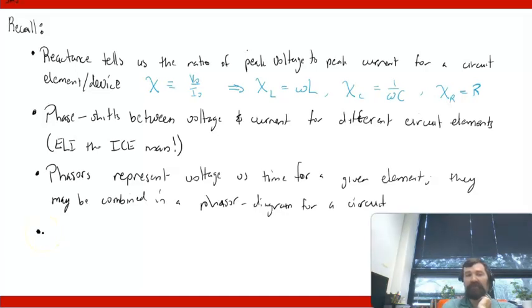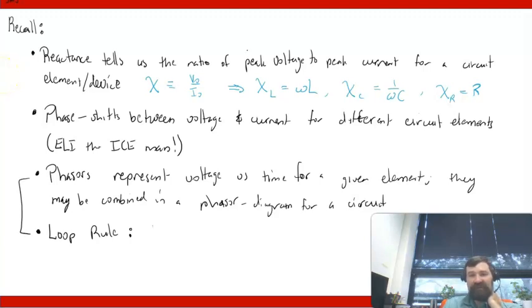Last but not least, we might add in exactly what it is that the Kirchhoff voltage law, the loop rule, is telling us in these cases in the context of a phasor diagram.